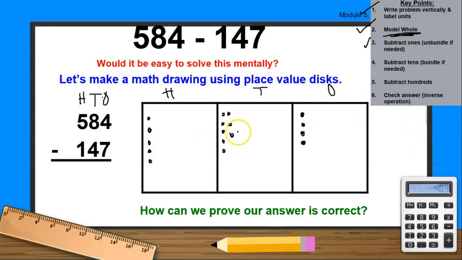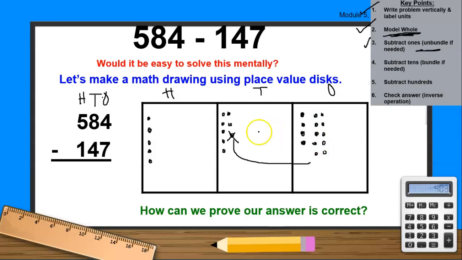Let's show that in our model. I decompose, I unbundle because I didn't have enough. So I make an arrow and I write, I give 10 ones. 1, 2, 3, 4, 5, 6, 7, 8, 9, 10.